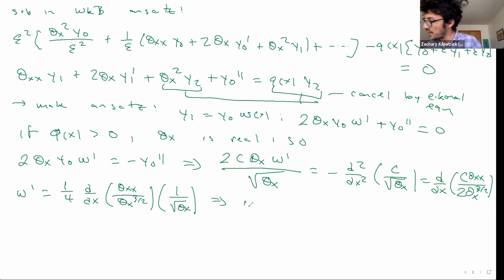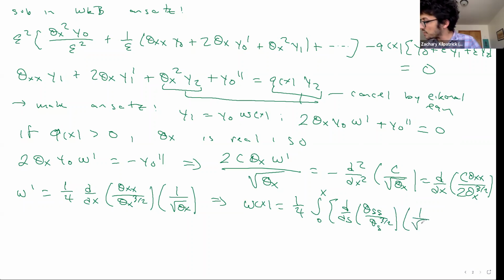So this means that w of x is equal to a fourth integral from 0 to x of d ds of theta ss over theta s to the 3/2, times 1 over the square root of theta s, ds, plus w evaluated at 0, which we don't know yet.